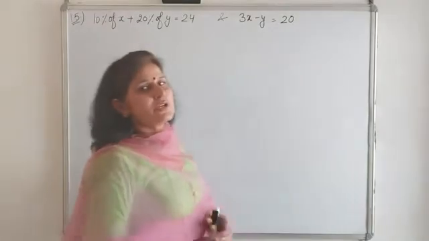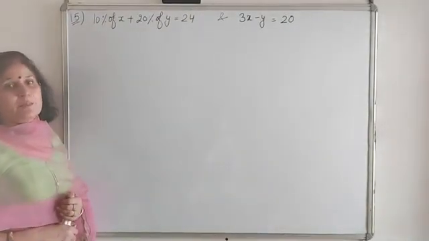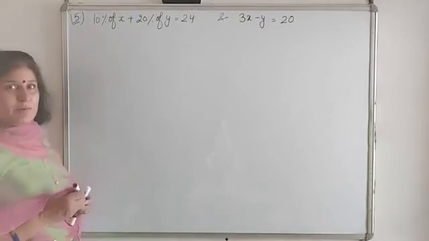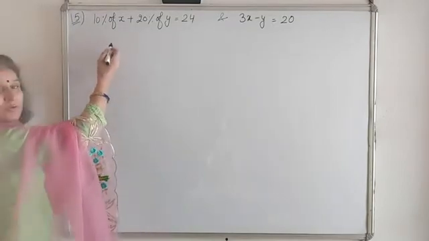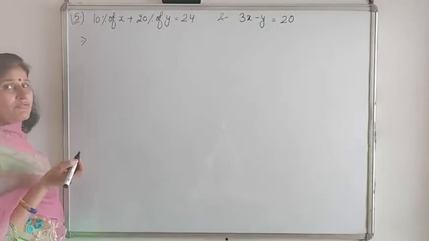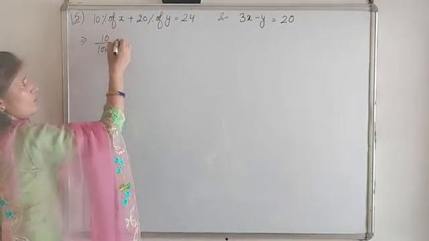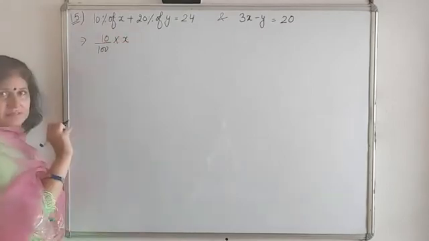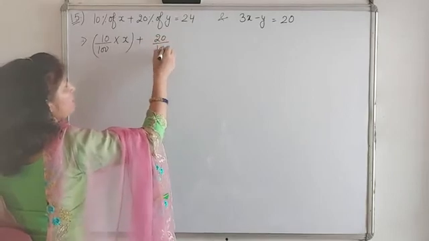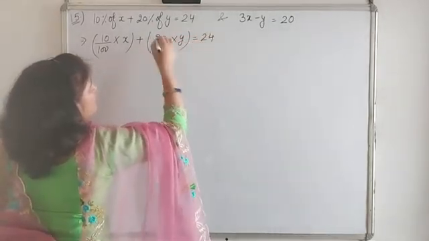Now question number 15. In this question two equations are given, but one is given in percentage form. You have to make it a simple form. 10% of x. Percent means out of 100, so 10 upon 100 of, which means multiply, x plus 20% of y is equal to 24.